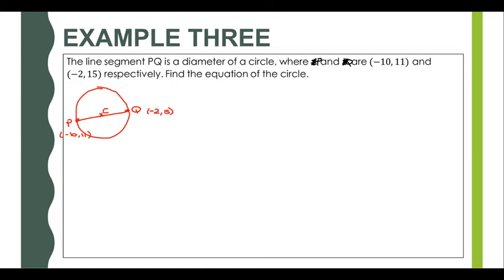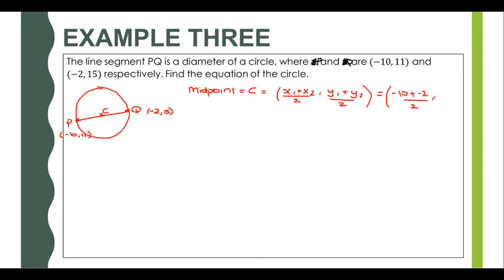To find the equation of the circle, we need the centre and the radius. So we'll start by finding the midpoint of the two points, which is the centre. The midpoint, which is equal to the centre, is x1 plus x2 divided by 2, y1 plus y2 divided by 2. So if we add our two x's together, we've got minus 10 plus minus 2 divided by 2.